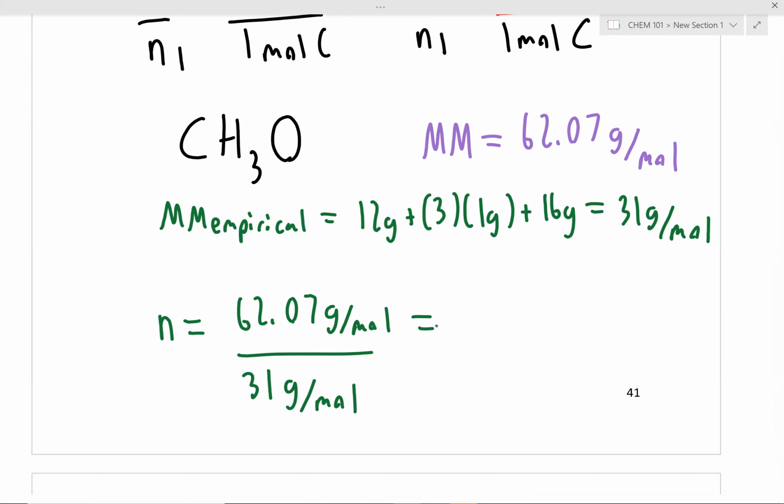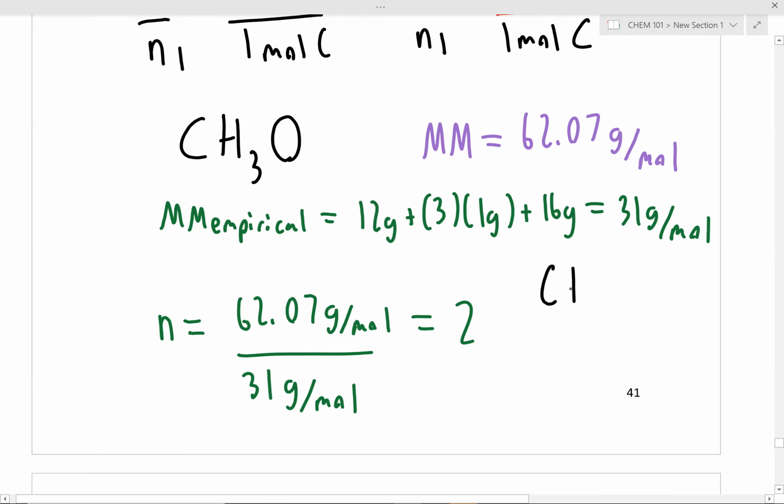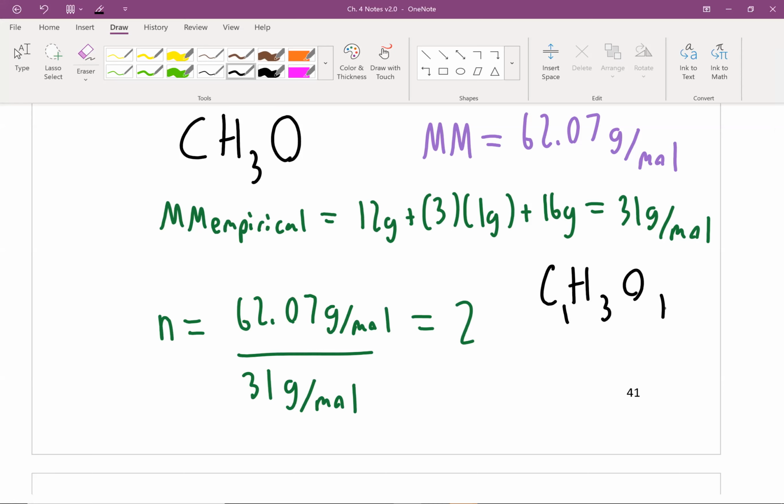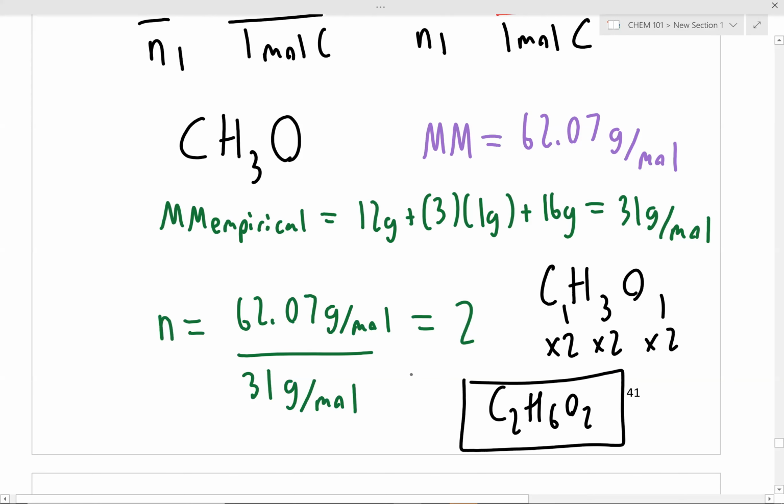That gives us an N value of 2. So then, what do we do to all of our subscripts? So we have CH3O or C1H3O1. What do we multiply all of our subscripts by? Yep, exactly right. And that in turn gives us C2H6O2. Does that make sense? Okay.